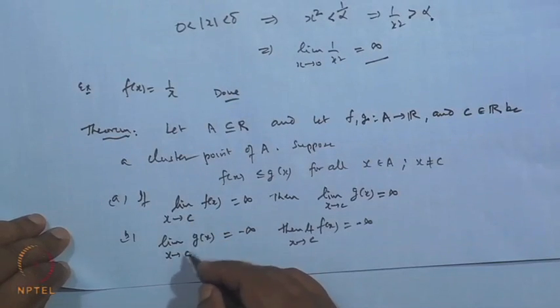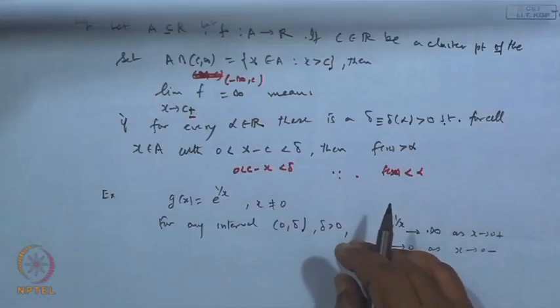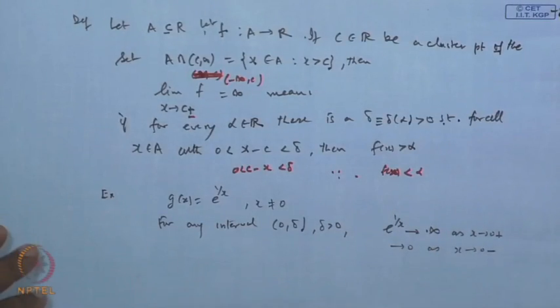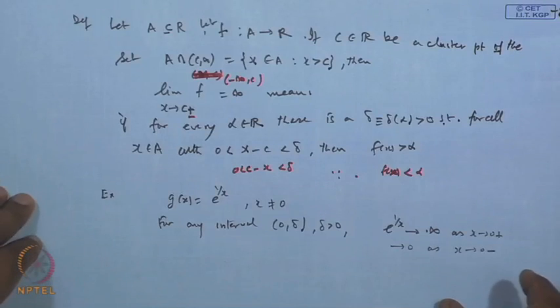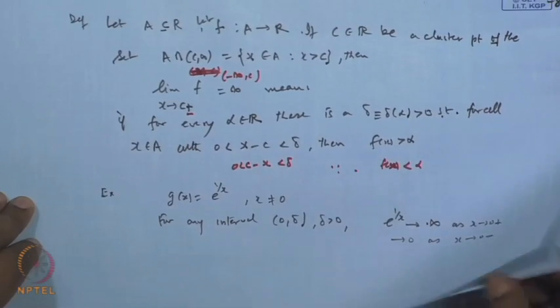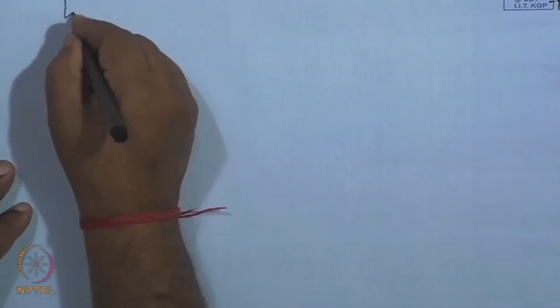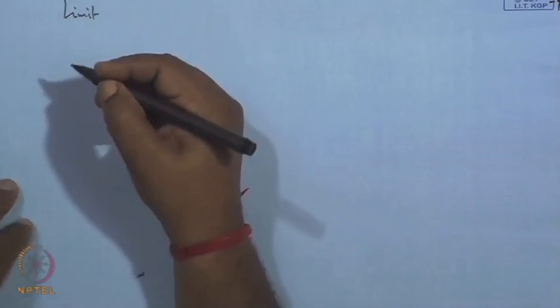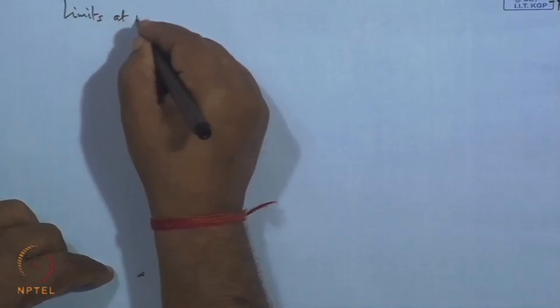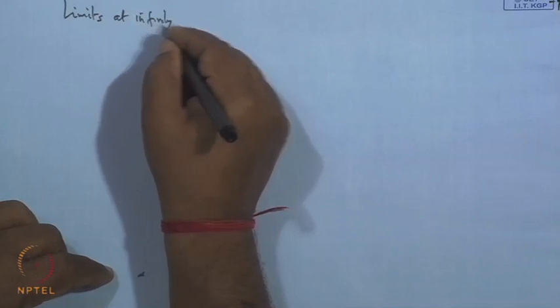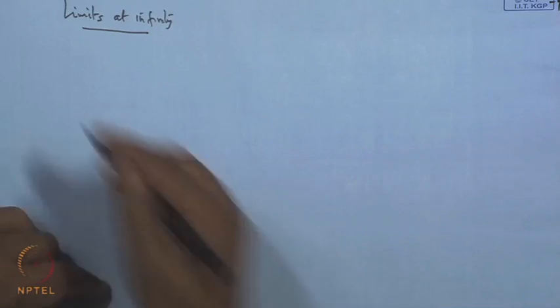Okay. Now, the next concept: when the limiting point c is not finite, if it is infinity, then also we can define the limit as follows. This is the concept of limits at infinity. When we have the limiting point c as infinity, we define as follows.